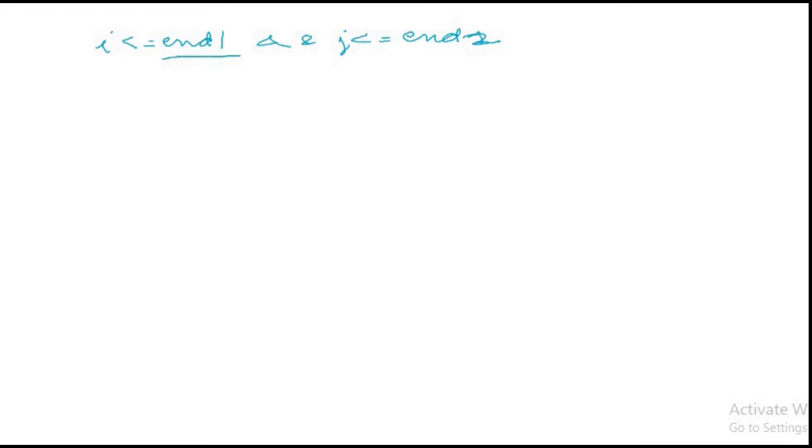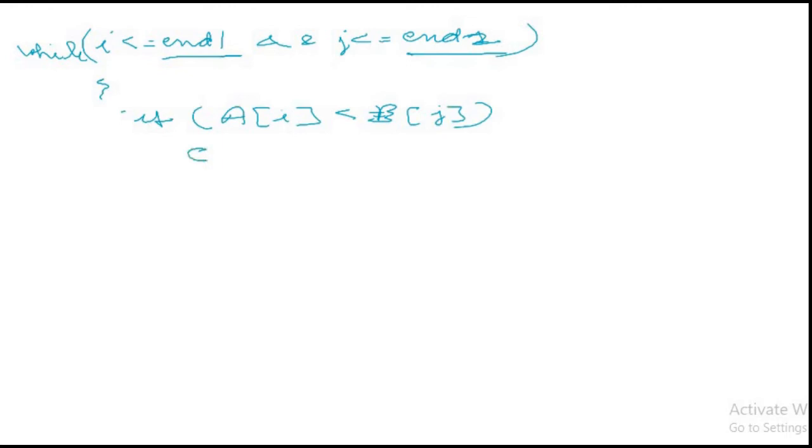So N1 is the last index of array A and N2 is the last index of array B. Okay. So while this is true, we have to check if AI is less than BJ, then what we have to do?